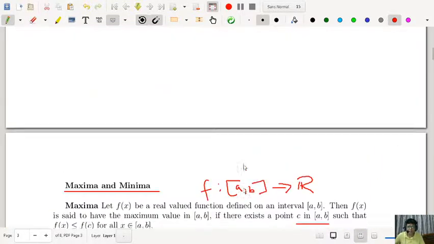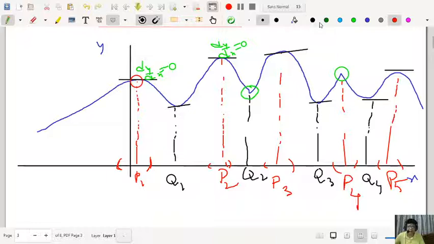So you go to the main diagram where I have shown the critical points. If you consider q1, you take a small neighborhood, then in that neighborhood you can easily observe the functional value at q1 is less than all other values in that small neighborhood.